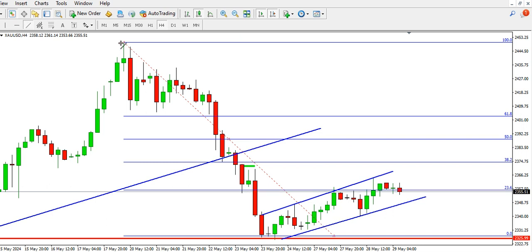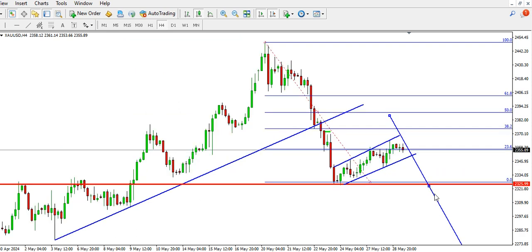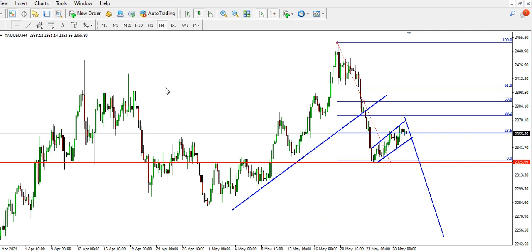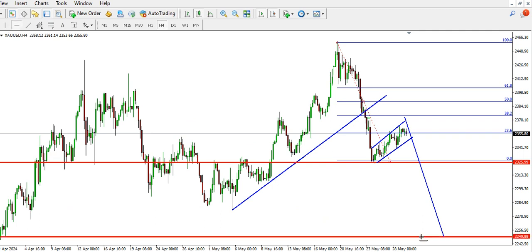Now, if price is going to drop in that bearish direction, knowing fully well that this is a bearish flag, let's see the likely level where price might drop to. We might be seeing a drop to 2249 or 2250.